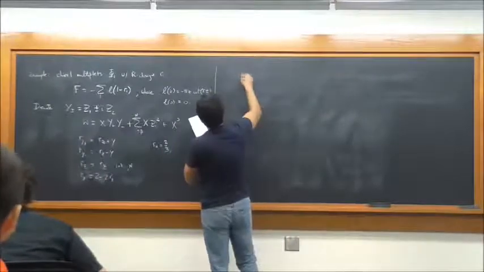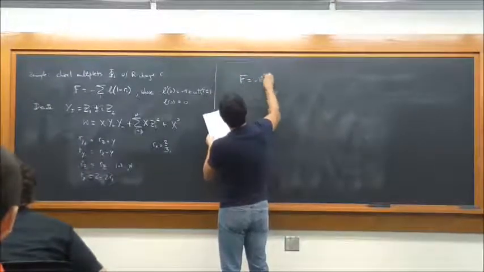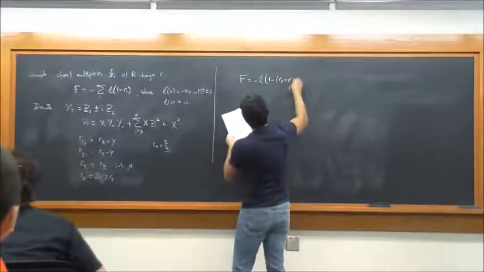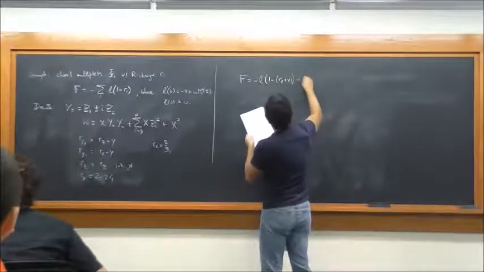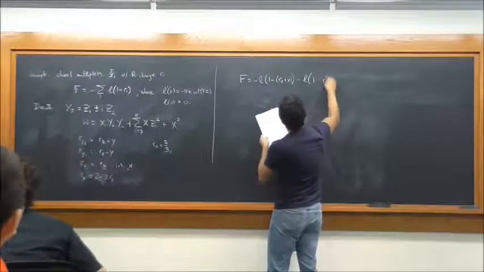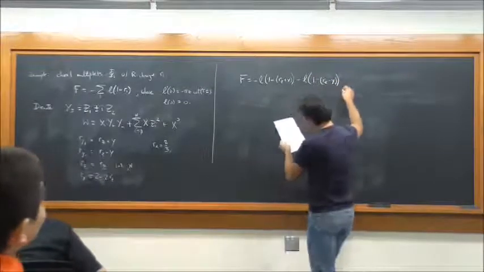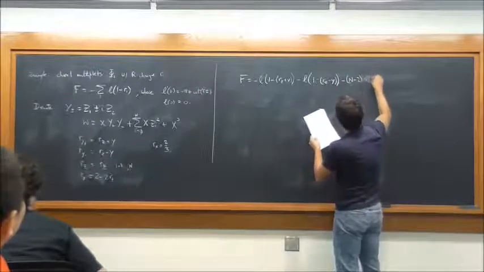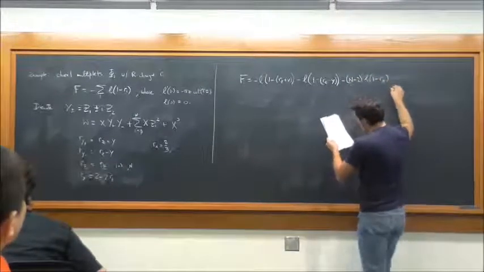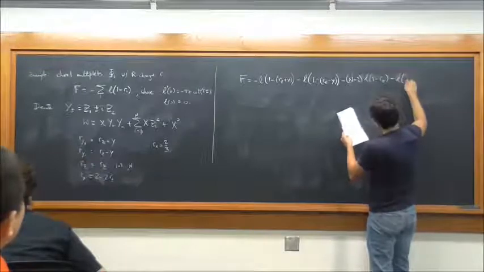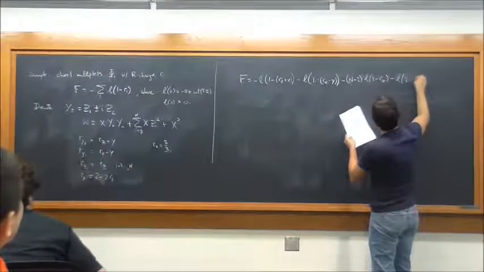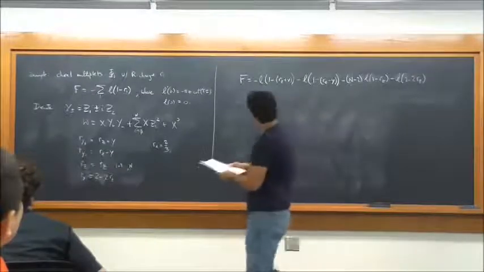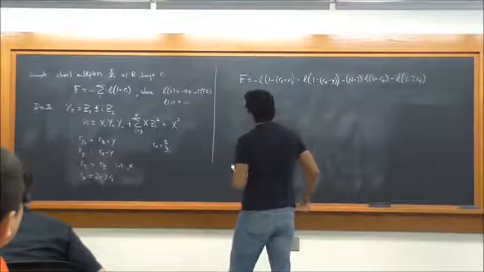So in this case, F is minus ℓ of 1 minus R_Z plus y from y plus, minus ℓ of 1 minus R_Z minus y from y minus, minus (n minus 2) ℓ of 1 minus R_Z, minus ℓ of 2 minus 2R_Z. Okay? And I can set R_Z to 2/3.